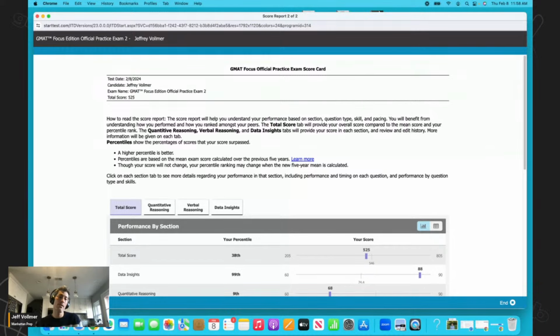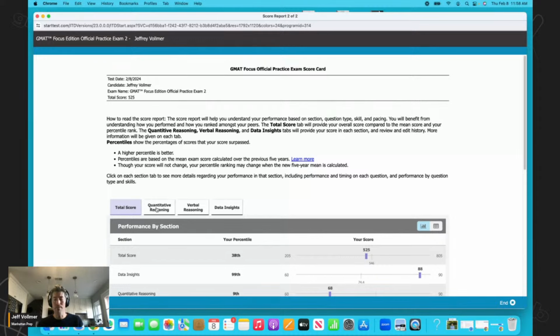So a couple more questions about the Focus Edition. Yes, it is adaptive, it's supposed to be. It's adaptive in a different way than the previous version of the GMAT, but it's not adaptive in the way that the GRE is, where they adapt section by section. This is not section adaptive. When I took the quant section first on this exam, I didn't really take it.